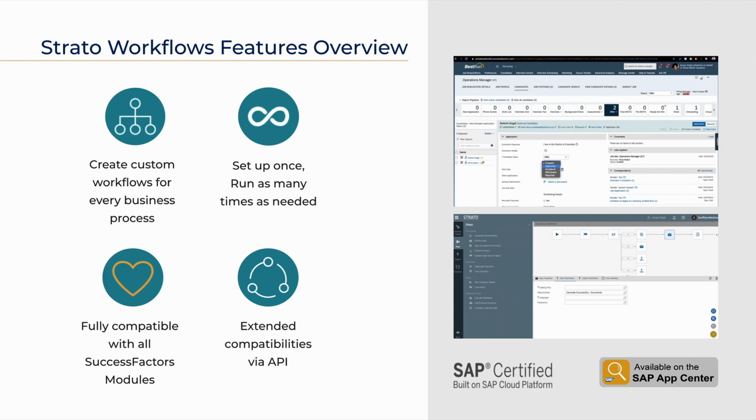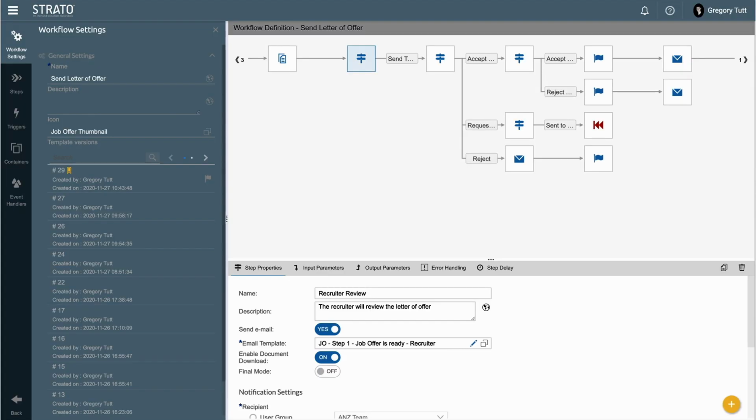Really what this solution allows you to do is to create custom workflows that will cover business processes. And of course, like with Strato, you set it up once and then it will run as many times as you need. It is compatible with Employee Central Recruiting, but also all the other modules of SuccessFactors. And it can be extended via some APIs, and I will cover that.